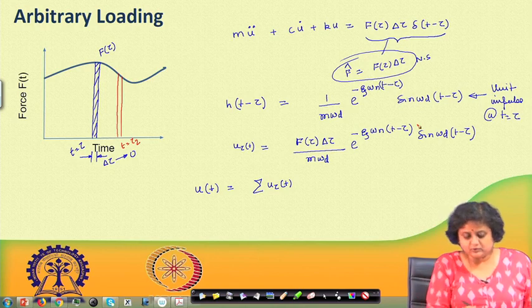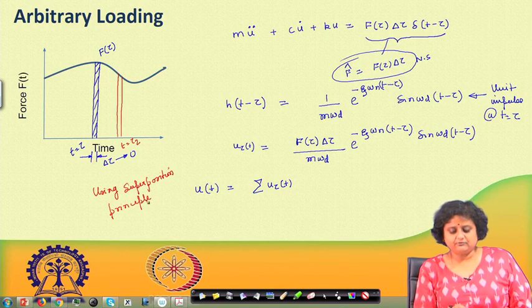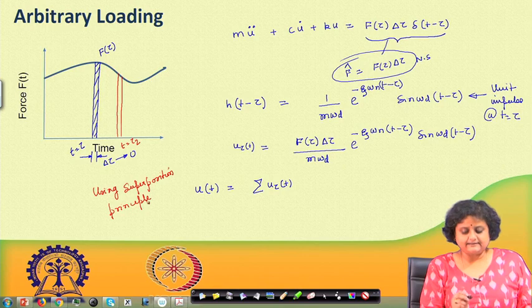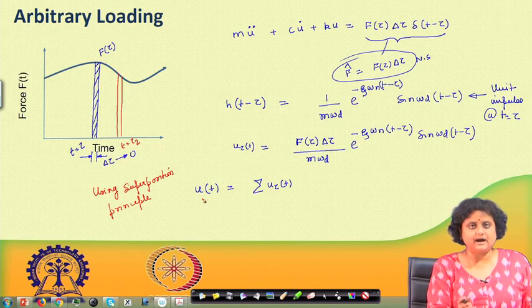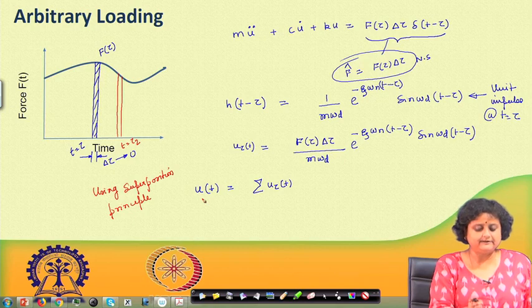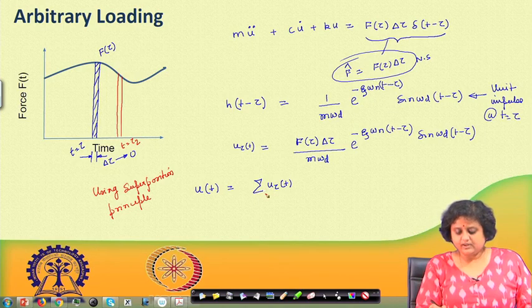Therefore, using the superposition principle, I can say the total response due to these individual slices of the arbitrary loading, so I covered the entire arbitrary loading by taking several such slices, is nothing but the summation of u tau of t.